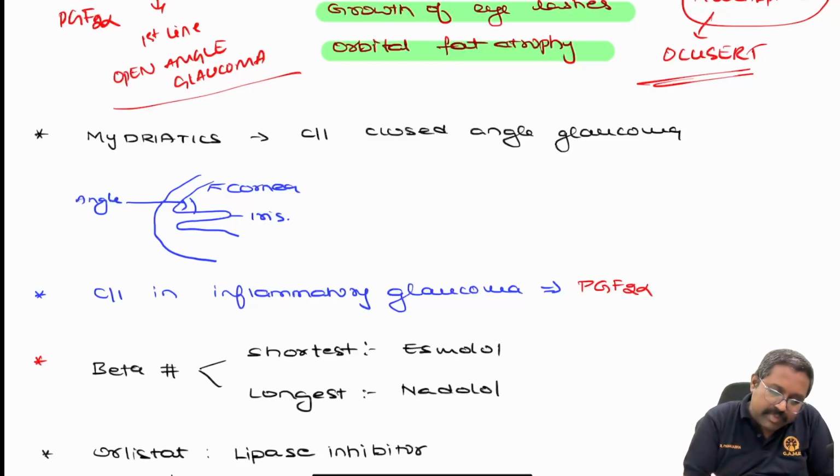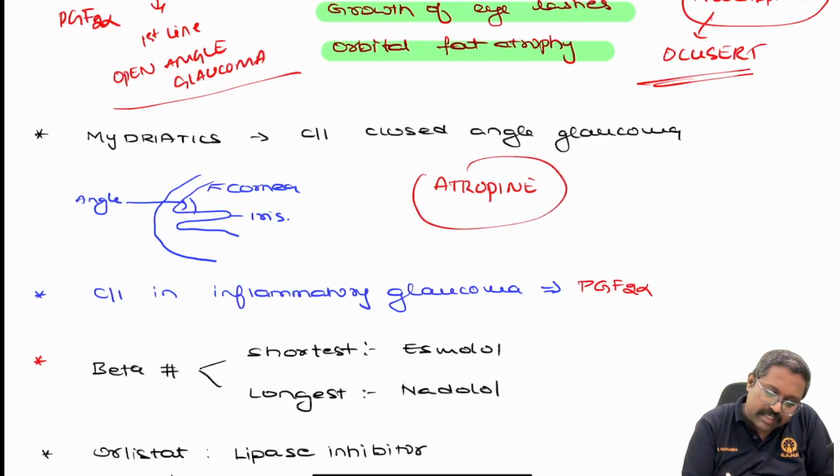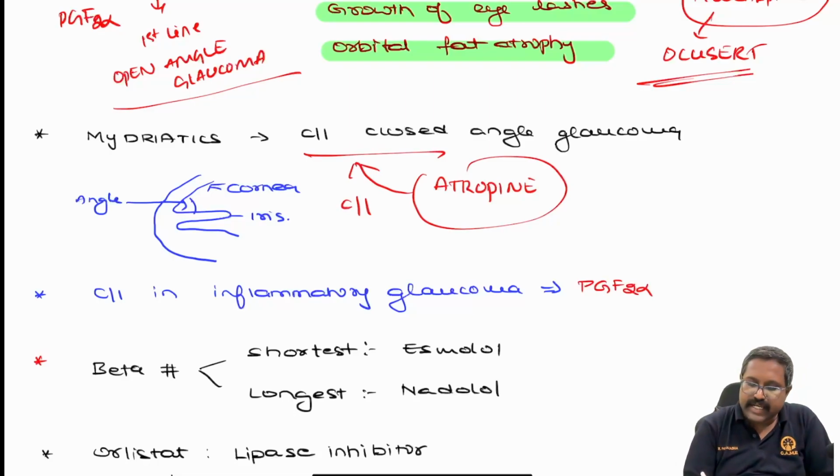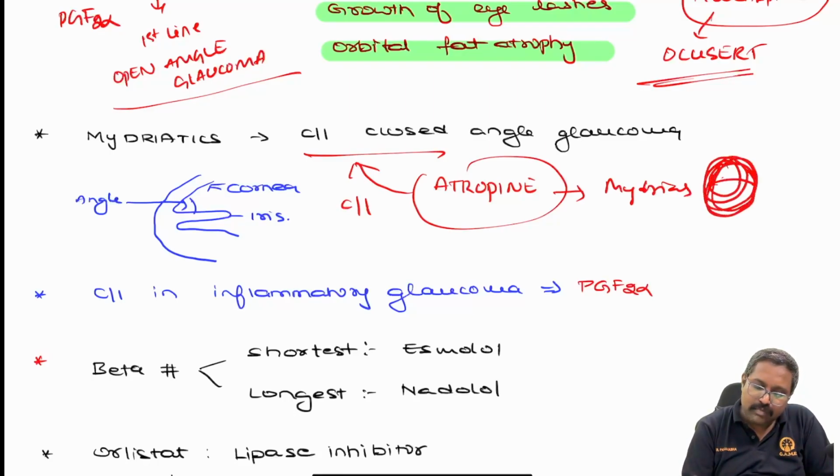Next comes, in case of glaucoma, which group of drugs is totally contraindicated? Please remember, atropine or atropine derivatives are totally contraindicated in closed angle glaucoma, as it produces mydriasis. The angle is going to close. Once the pupil dilates, what will happen to the iridocorneal angle?